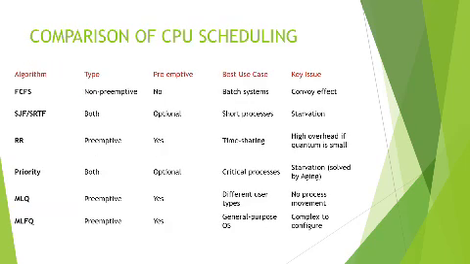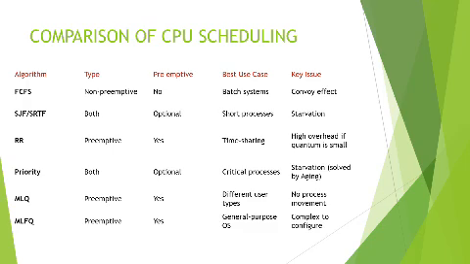Here the various scheduling algorithms are compared with their type, best use case and key issues. First come first serve is a non-preemptive type, it is used in batch systems, and it has the convoy effect problem. SJF, shortest job first, is both preemptive and non-preemptive. It gives priority to the shortest process and the key issue is starvation.